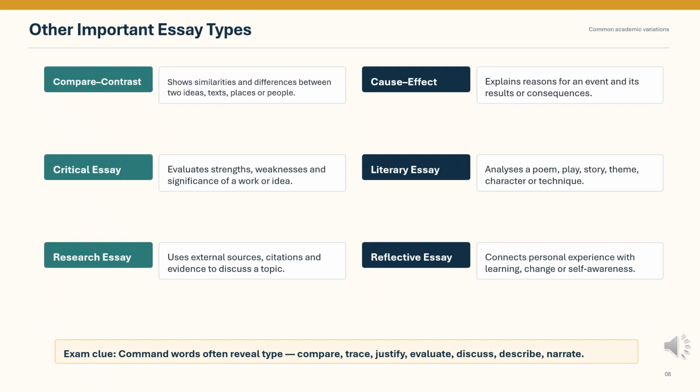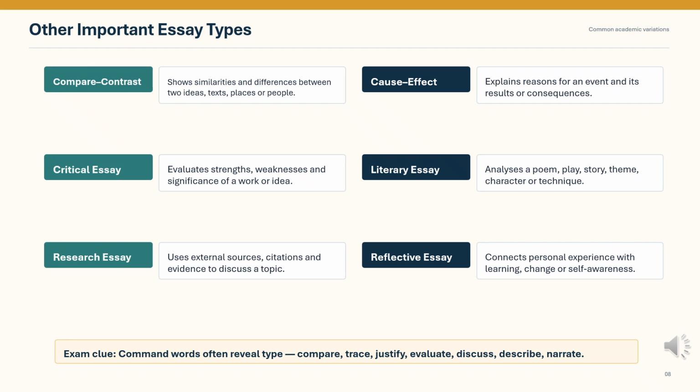Now, apart from this, we have many other common essay types, that is the compare and contrast essay. It discusses the similarities and the differences between two ideas, or maybe two people, two places, two situations. There is the cause and effect essay, which explains why something happens and what are the consequences that follow. There is the critical essay, which evaluates the strengths, the weaknesses, the importance or meaning of a work or maybe an idea. There is the literary essay, which analyzes a poem, story, drama, character, theme, maybe symbols.